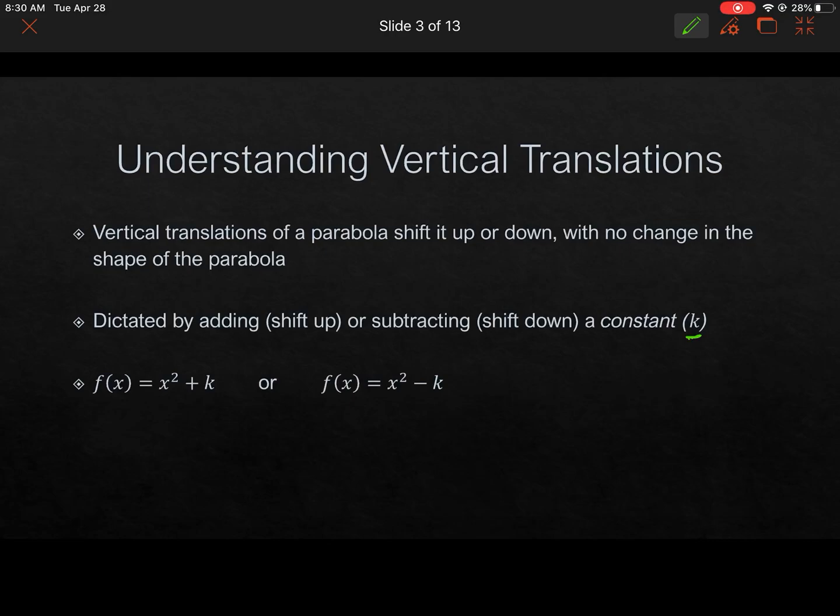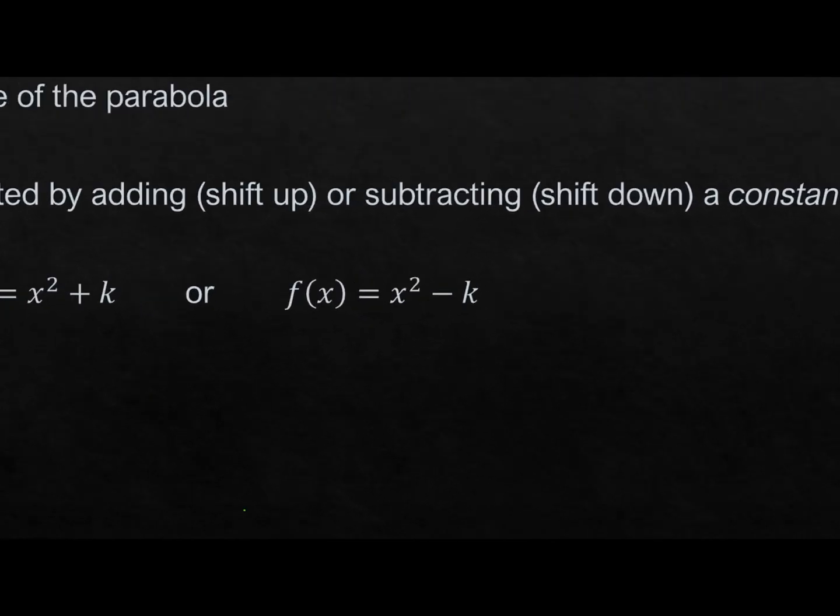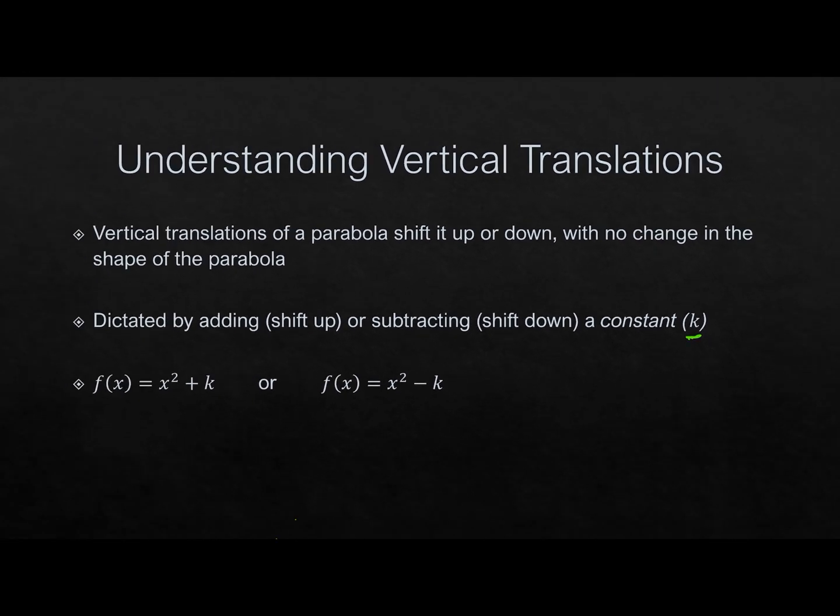You should have noticed from graphing these and notating them that when you added a constant, this shifted the graph upwards in the positive direction. And when you subtracted a constant, it shifted it down in the negative direction. Okay, this shouldn't have been a surprise. We've been doing this all year.